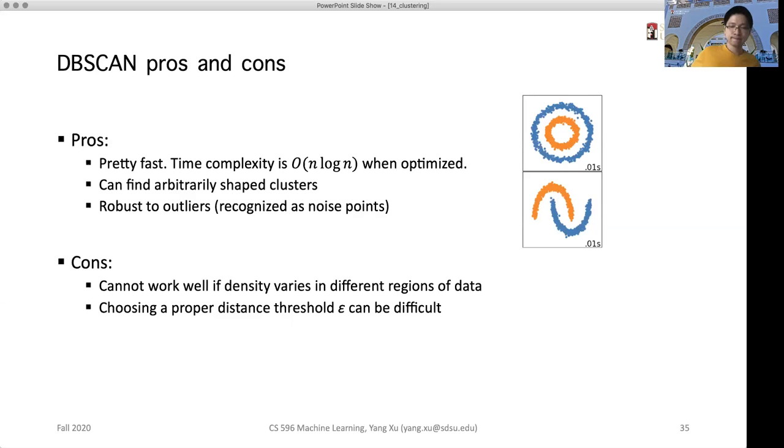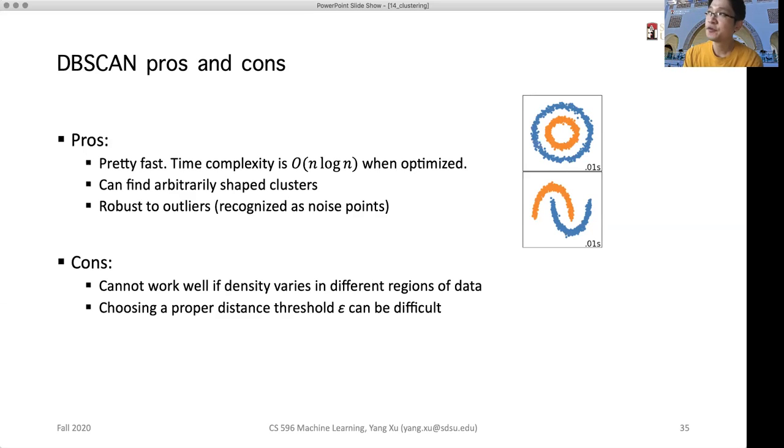Okay, so that's all for the three types of clustering algorithms today. One common feature is that each data point is assigned a hard clustering label, like whether it's red or blue.